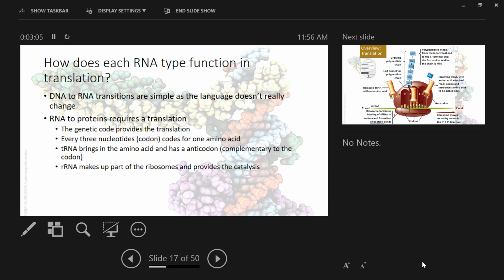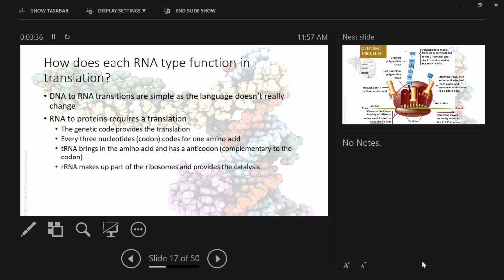And then finally, ribosomal RNA, rRNA, makes up ribosomes and is actually catalytic. It provides the catalysis for the reaction of attaching a new amino acid to the growing polypeptide chain. And this is interesting because up until researchers discovered that it was RNA doing that catalysis, nobody knew that RNA could actually catalyze reactions and thought it was only proteins that could.